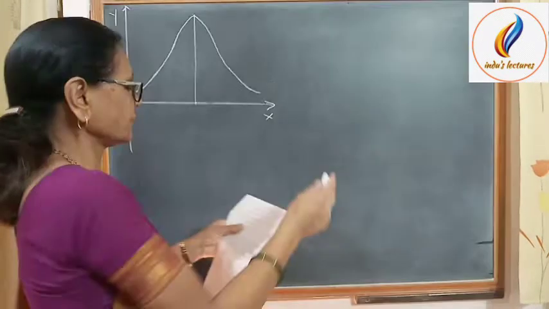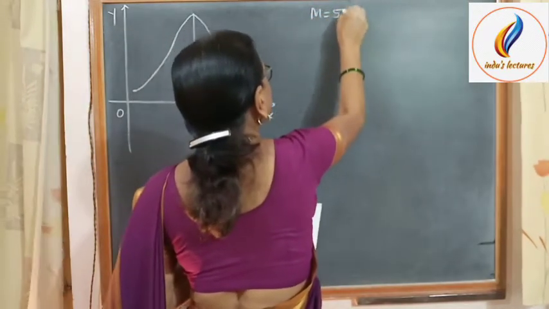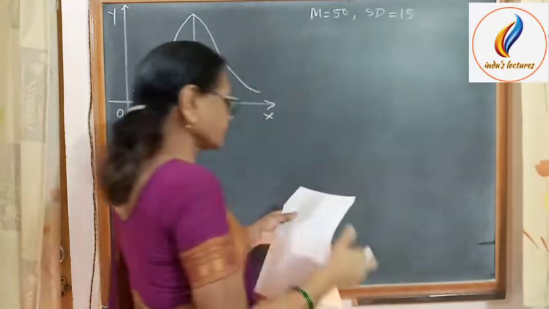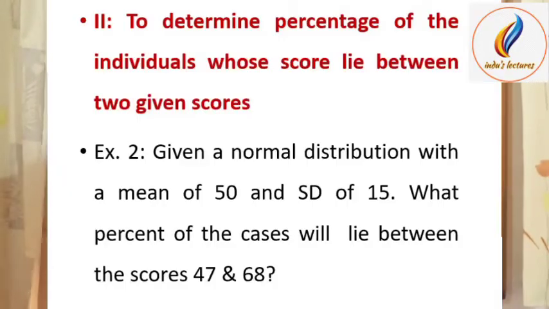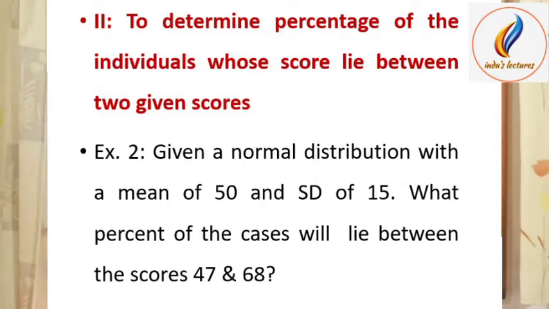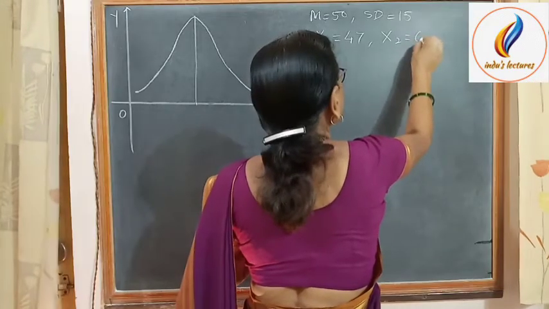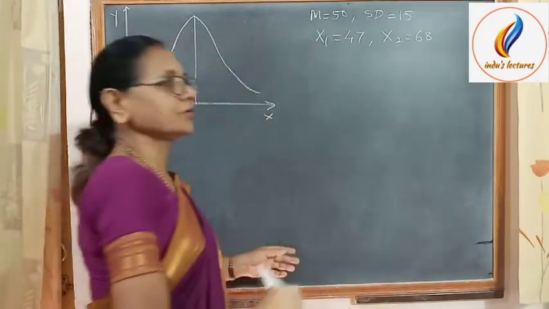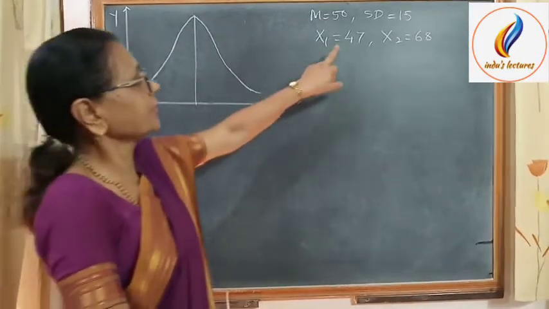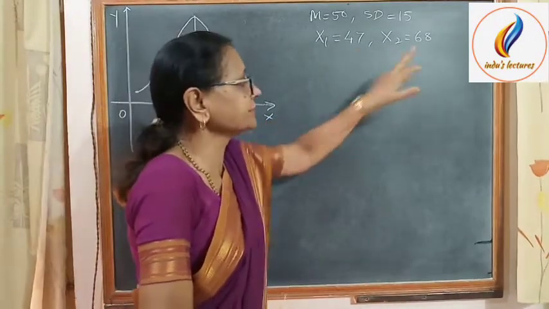That means here the given mean is equal to 50 and standard deviation is equal to 15, and the raw scores, say the first score is x1 and x1 is equal to 47 and another score x2 is equal to 68, and we have to find out the number of cases between the score limit x1 and x2, that means between score 47 and 68.